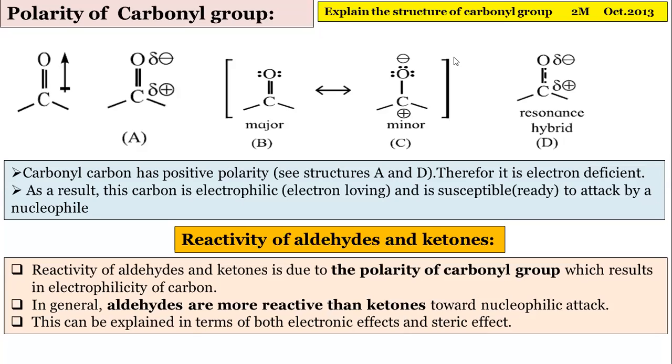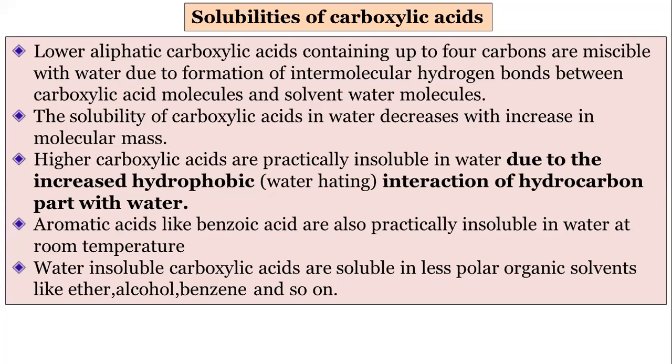Then Rosenmund reaction, 2 marks. Then Etard reaction, 2 marks. Then Friedel-Crafts alkylation, Friedel-Crafts acylation. In this chapter, the Friedel-Crafts acylation reaction is removed. You will see the details in the deleted syllabus. I will show which reaction is eliminated.